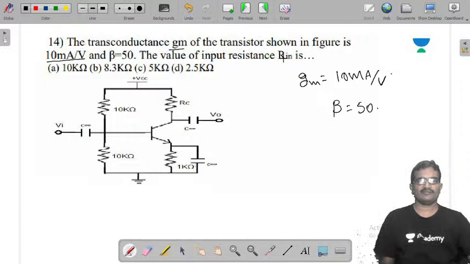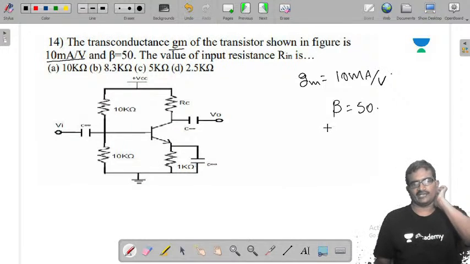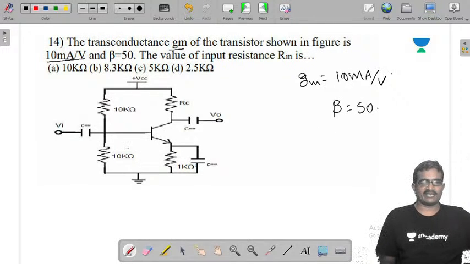The value of input resistance is, see, nothing but the input resistance taking here. For this CE amplifier, its input resistance is R pi. Including biasing resistors, it is RB parallel with R pi.